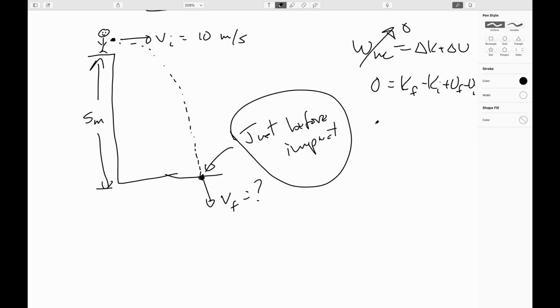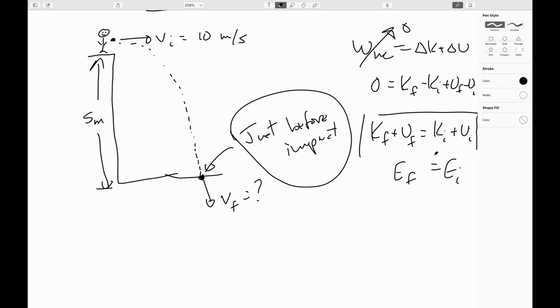And so we can rearrange to get K final plus U final equals K initial plus U initial. In other words, the total mechanical energy at the end will equal the total mechanical energy at the beginning. But it'll be more useful for us to itemize it out.